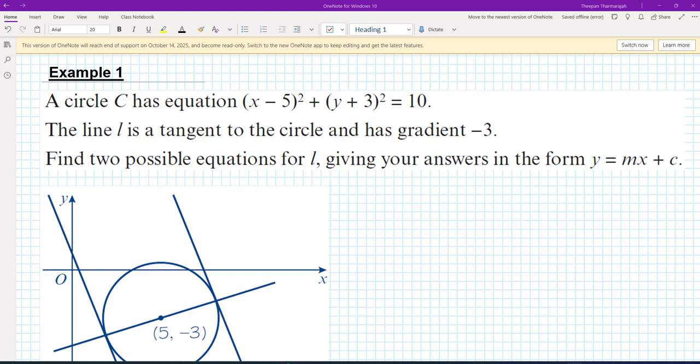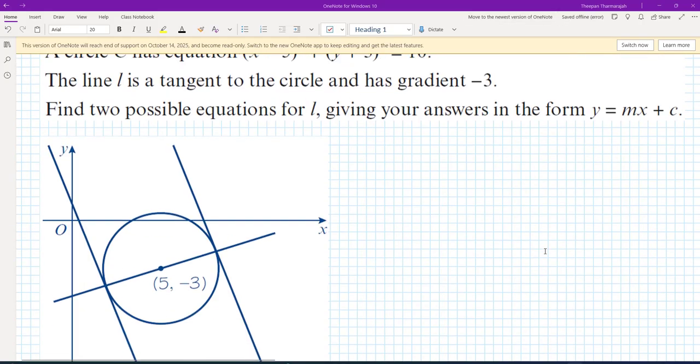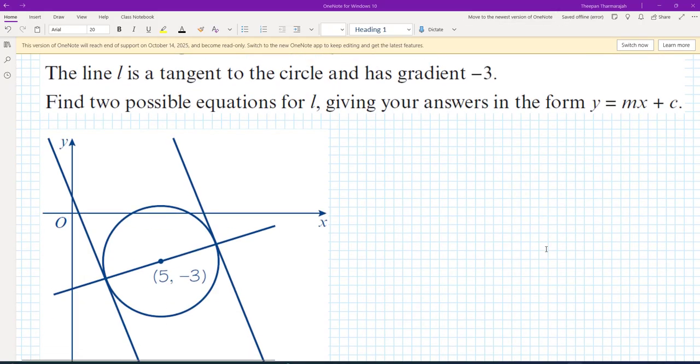So what we have here is a sketch. Notice that there's a line passing through the center, and that's perpendicular to both tangents. Let's draw a right angle here, from circle theorems from GCSE: the angle between the radius and the tangent is 90.